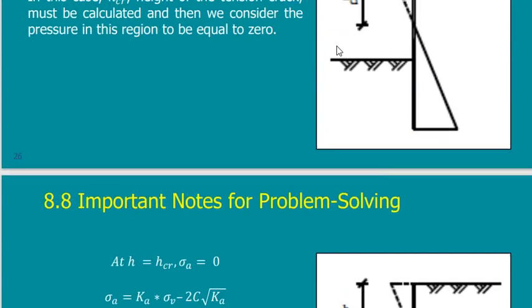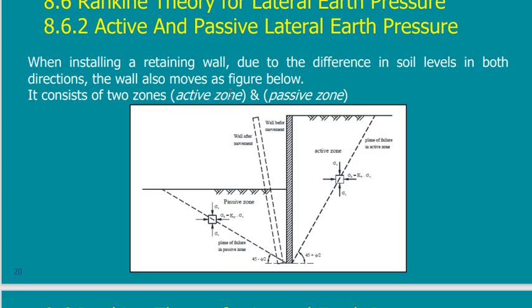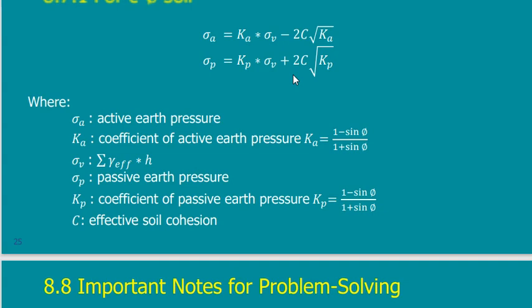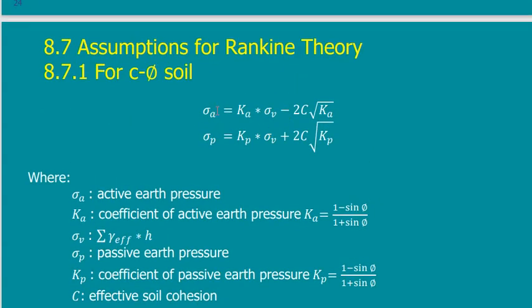I want to have the point where sigma equals 0. It means that it is the location where 2c root K active equals K active multiplied by sigma vertical.